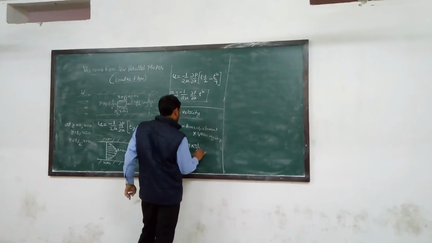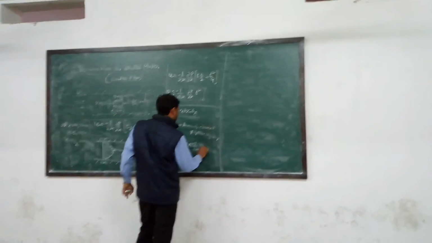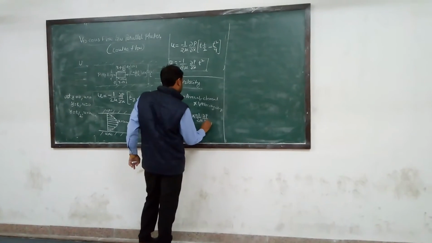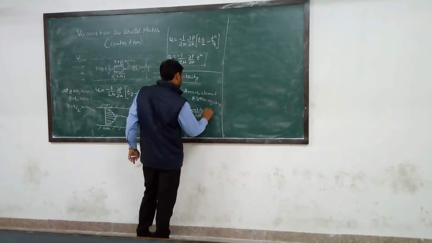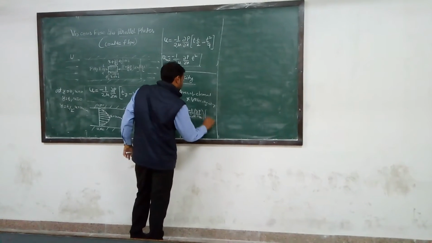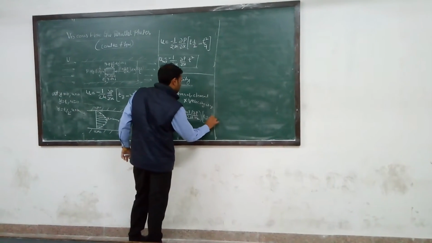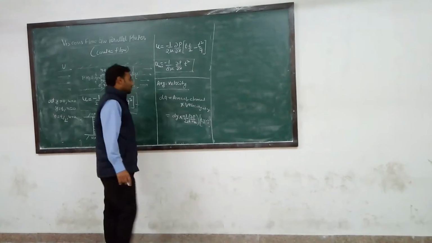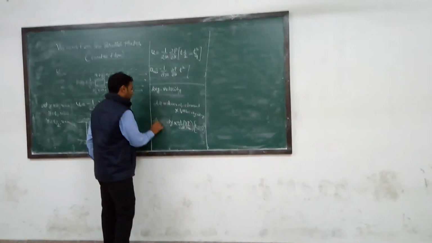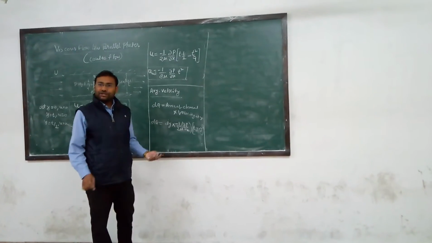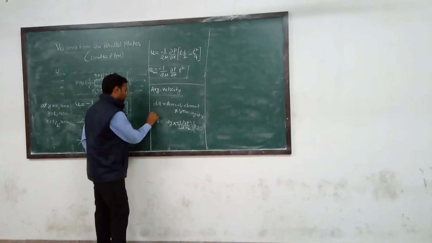multiplied by the velocity, which is -1/(2μ) ∂p/∂x (ty - y²). To calculate the whole discharge, we need to integrate it from 0 to t.